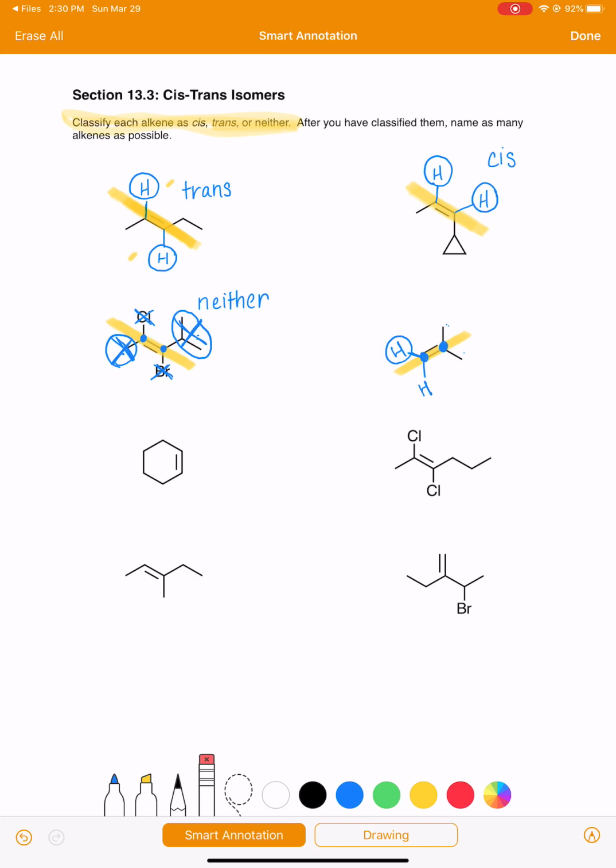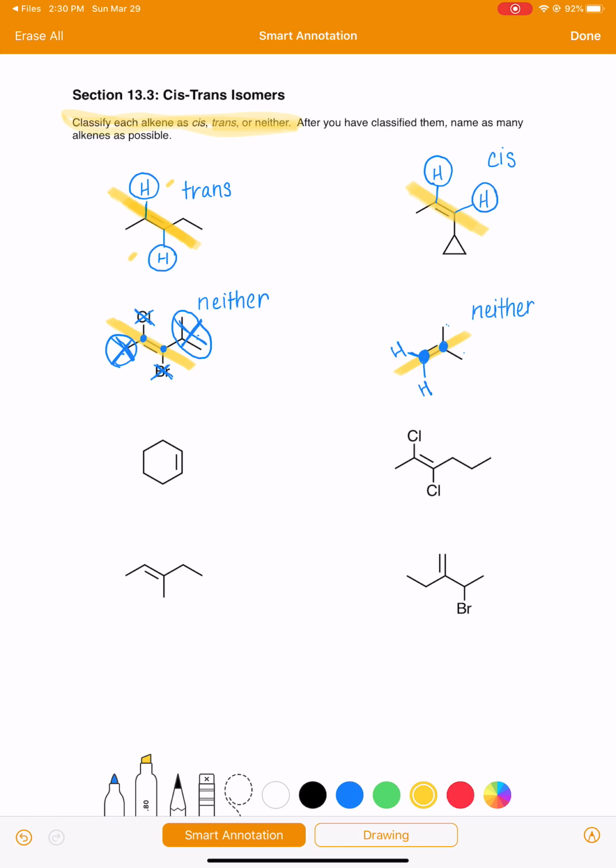So we can't use hydrogen to classify. We have a CH3, but our other carbon doesn't have a CH3, so we can't use that to classify either. This molecule also has nothing that we can use to classify as cis or trans.